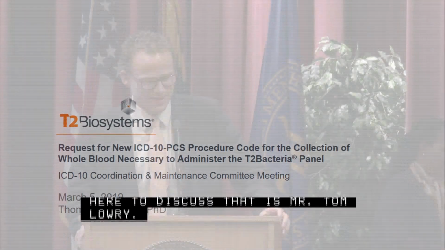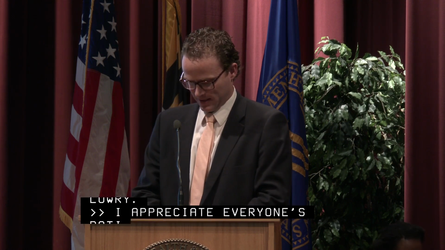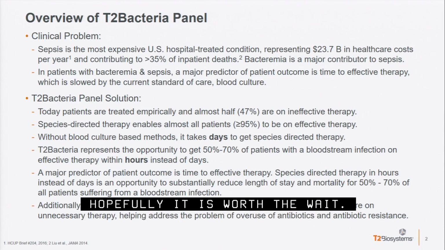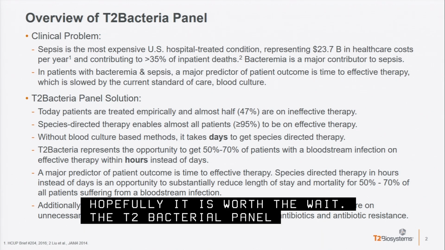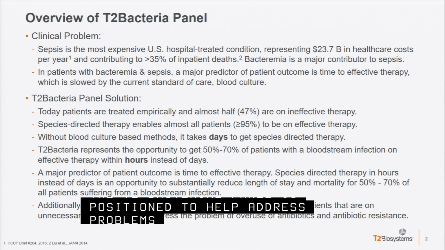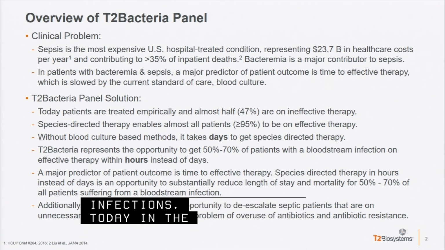Thank you, Michelle. I recognize I'm the last one, so I appreciate everyone's patience, and hopefully it's worth your wait. So the T2 bacteria panel is positioned to help address the problem with sepsis and bloodstream infections. Today in the United States, sepsis is the most expensive hospital-acquired infection and condition.